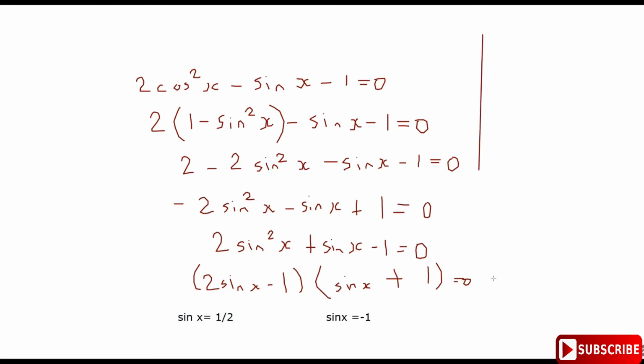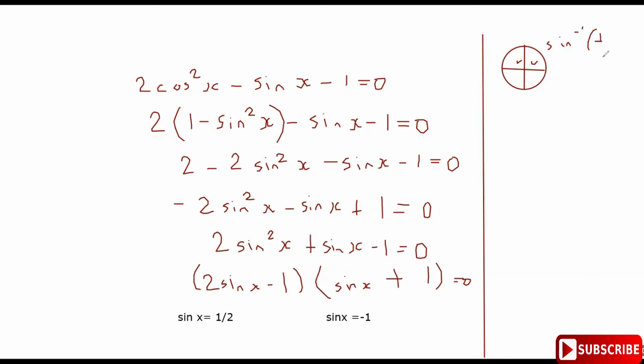So let's go ahead and do this. We draw our circle right here for the first part where sine is a half. We want where sine is positive, here and here. Then we need to find sine inverse of a half, which is 30 degrees.